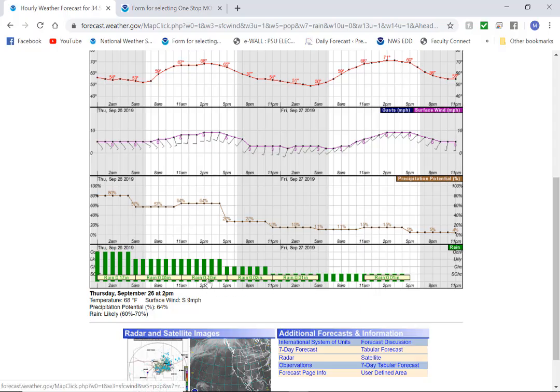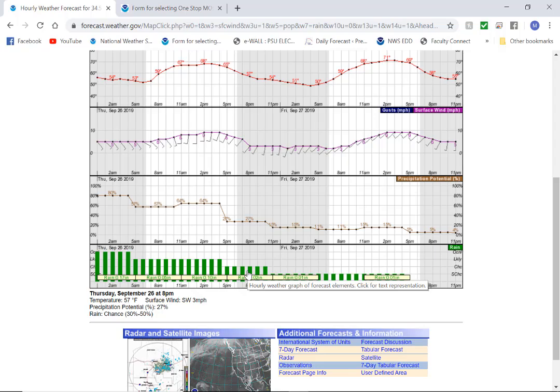If I wanted to figure out how much rain was going to fall between Thursday at midnight and Friday at midnight, in that 24-hour period, I would add up 0.17, 0.05, 0.10, 0.2, and then probably about 0.2 and cut it off there. So for rain tomorrow, we're looking at about 0.3 of an inch projected.